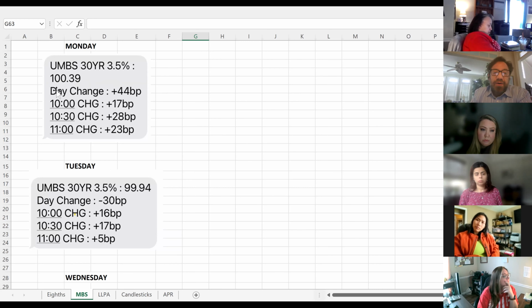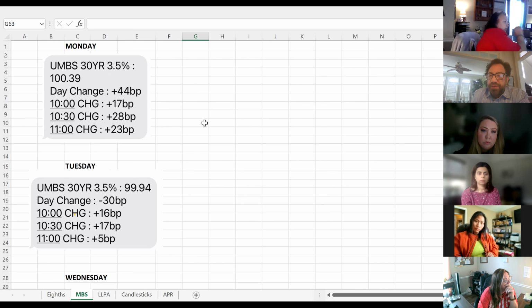Also, if you look down, you can see the day change. I'm pretending it's 6 o'clock at night and the market's already closed, so we're just looking back over what happened today. The day change was plus 44 basis points.